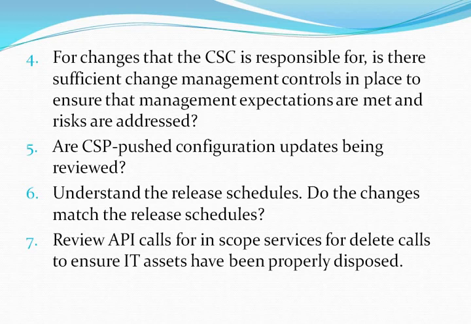Check that it really happened and how you are going to review it, so ensure that process is in place. Understand the release schedule and whether the changes match the release schedule.